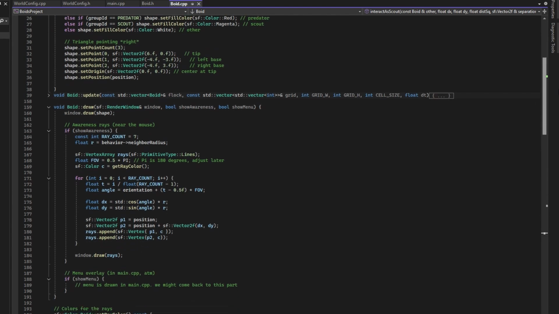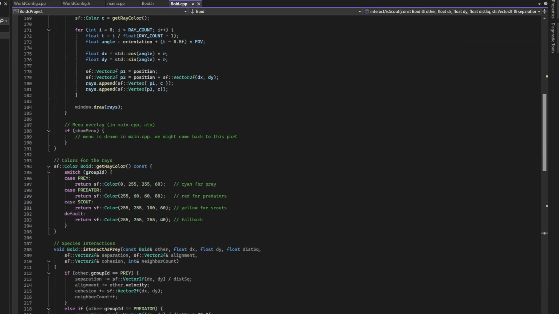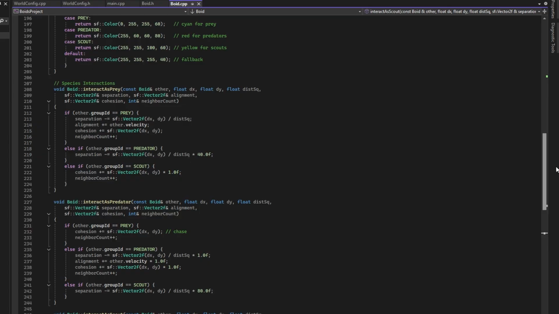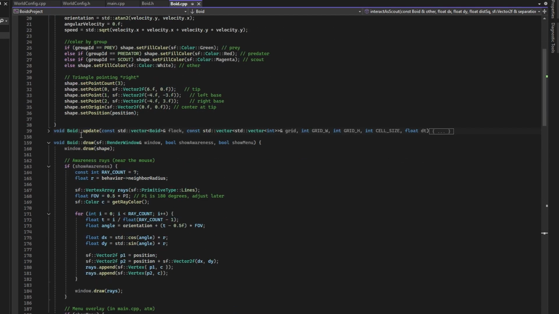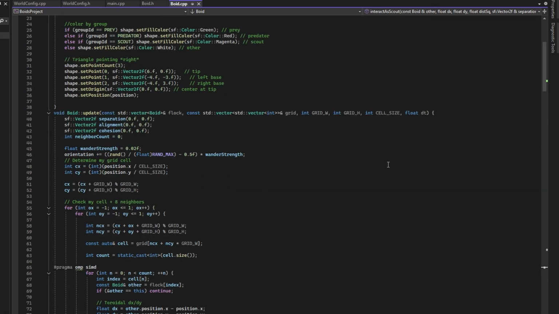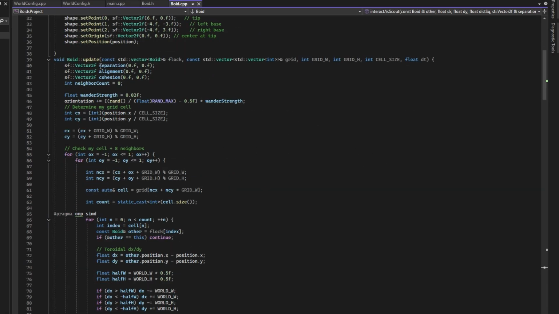I had another. Oh, it's here in the update loop. Sorry. Here in the update loop, this is where all of that separation, alignment, and cohesion comes into play.